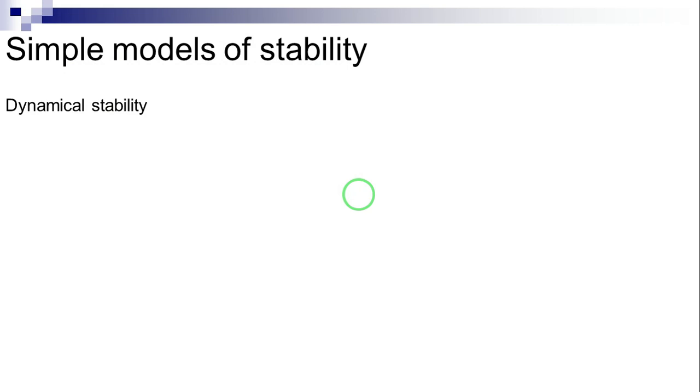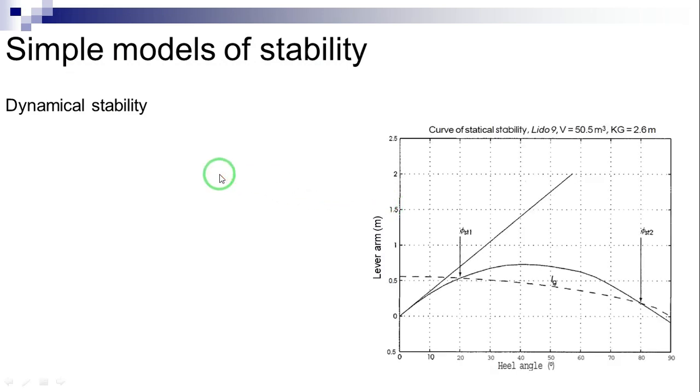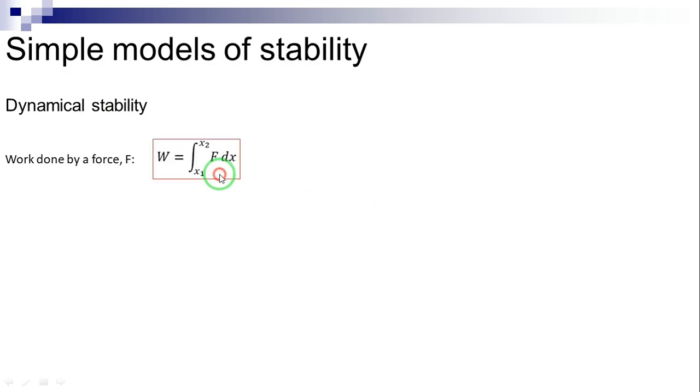It can be easily shown that the energy of the heeling moment is proportional to the area under the heeling arm curve, and the work done by the righting arm is proportional to the area under the righting arm curve. To prove this, let us remember that the work done by a force F, which produces a motion from x1 to x2, is equal to this equation.